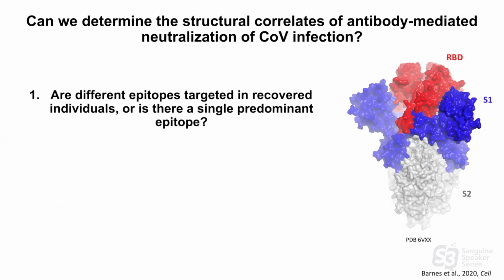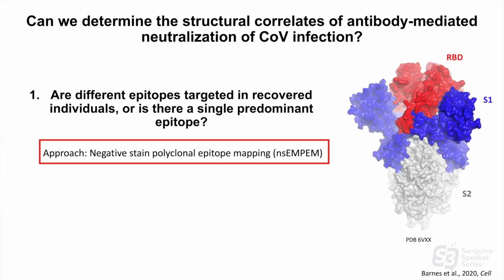In order to address this, we used a technique called negative stain polyclonal epitope mapping, or negative stain EMPEM. This is a technique developed in Andrew Ward's lab at Scripps. Mostly he's done this for HIV and flu and other viruses. So we just developed that using what he had worked out.